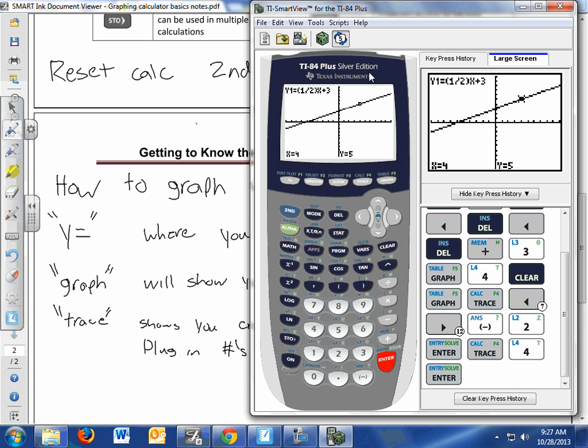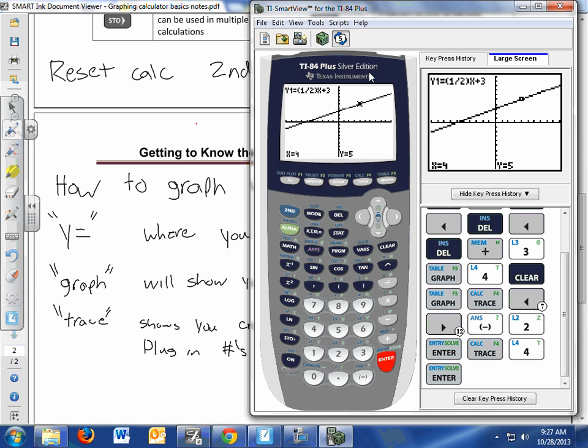Press trace and then plug in the number. Does everybody get it? I want to see everybody's calculator on the point 7.2 and whatever goes with it.